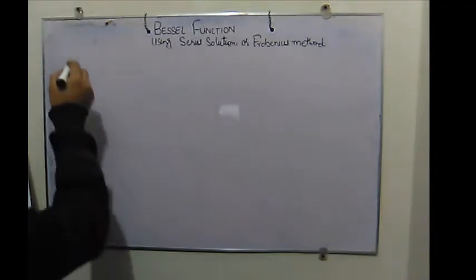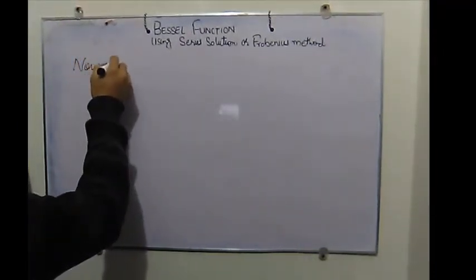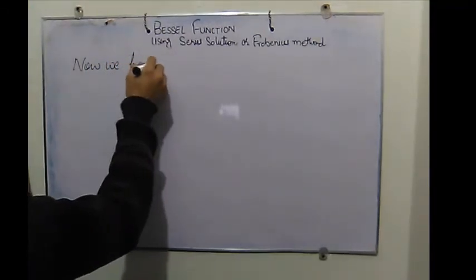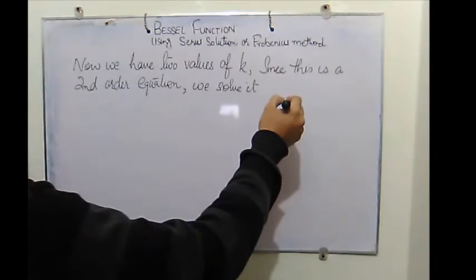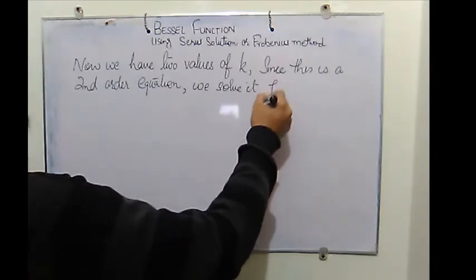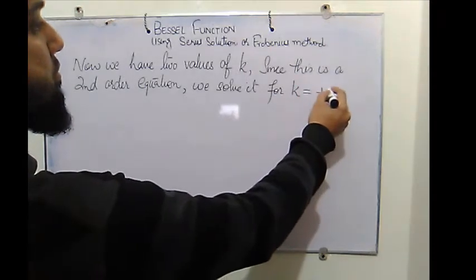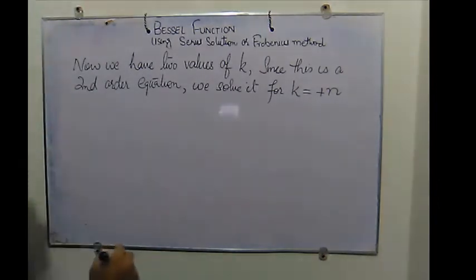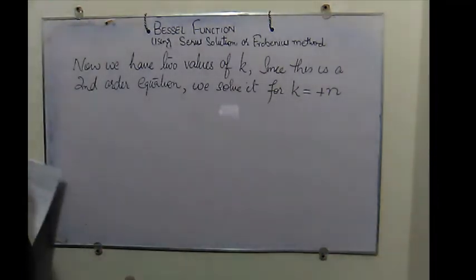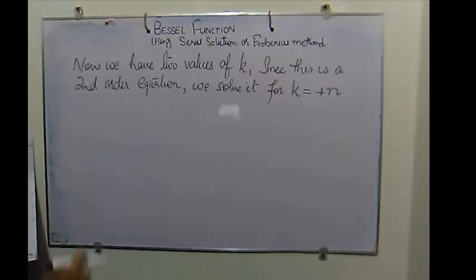Now we have two values of k. So we have two cases for k, that is k is plus n or k is minus n. And of course, we have to get two values because this is a second order equation.